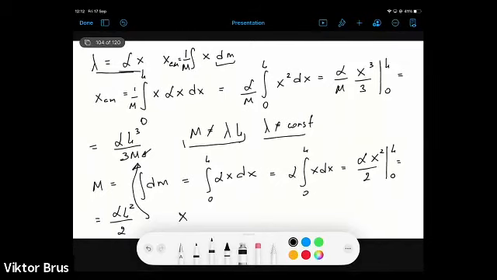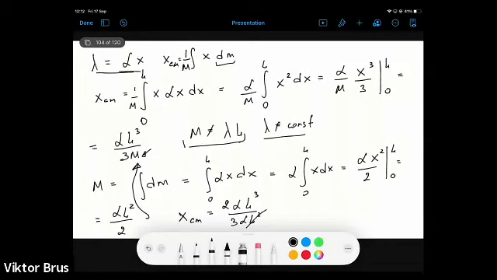So for x center of mass, we will get alpha times L cubed divided by 3, over alpha L in second power, and here will be this 2 from the denominator.